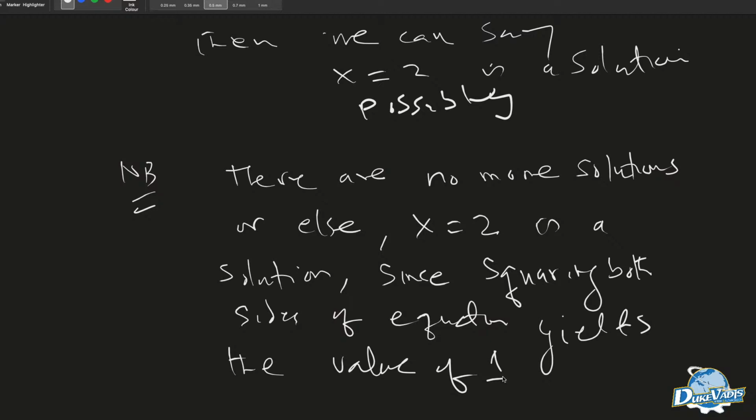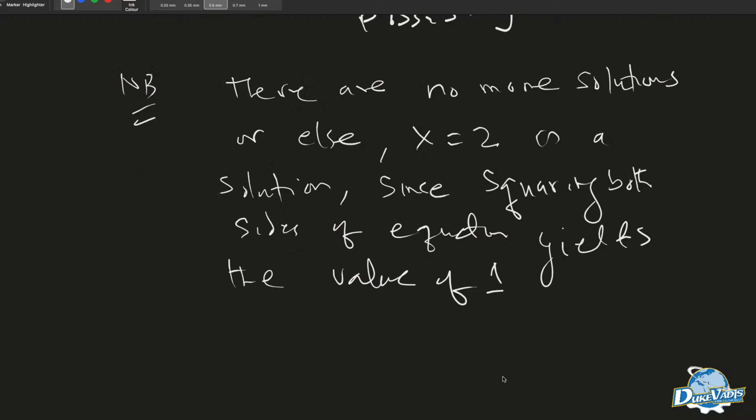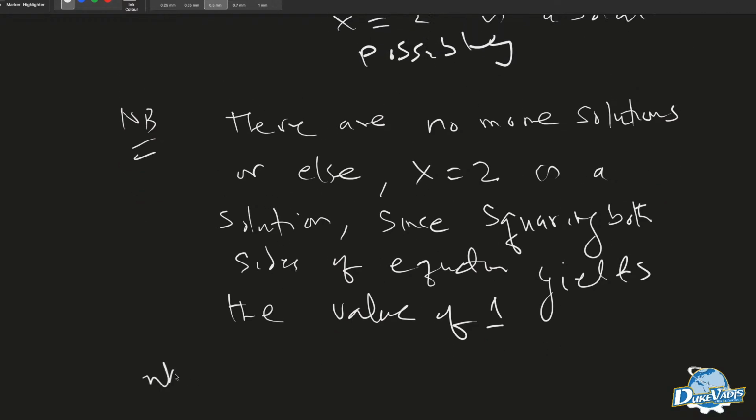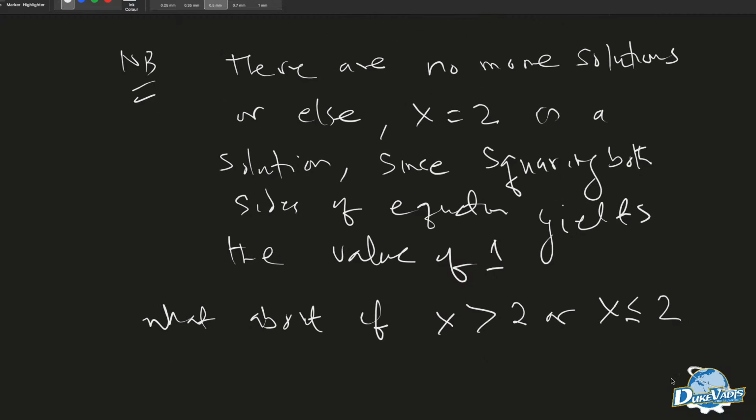Somebody will ask the question, what about if x is greater than 2 or x is less than or equal to 2? Okay, so x can be greater than 2.